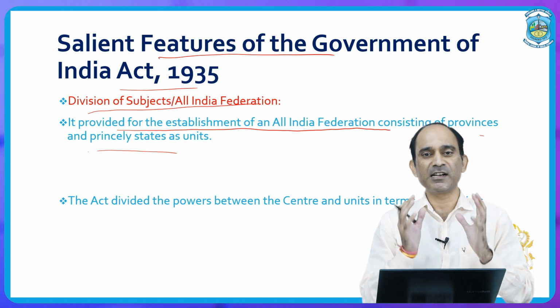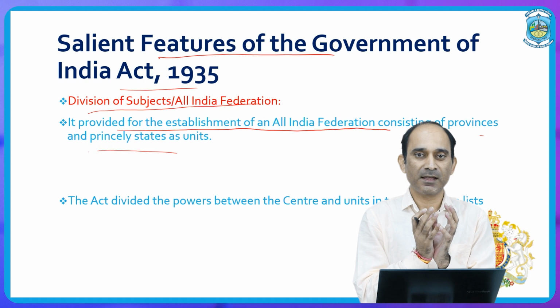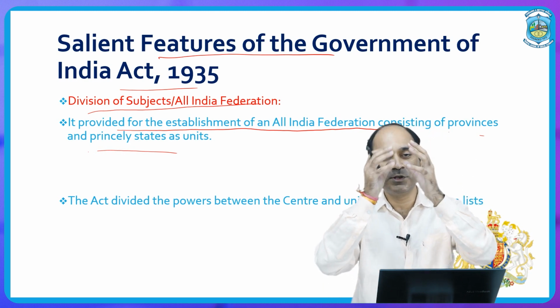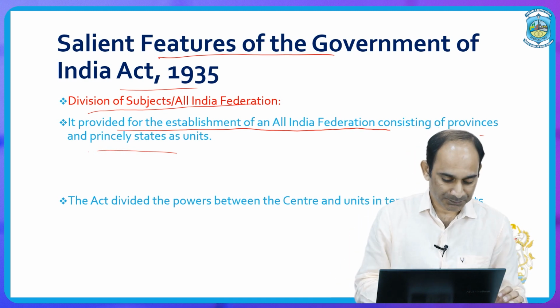So it recommended federalism, where states or provinces act as units and there is a center or a union working at the central or federal level.